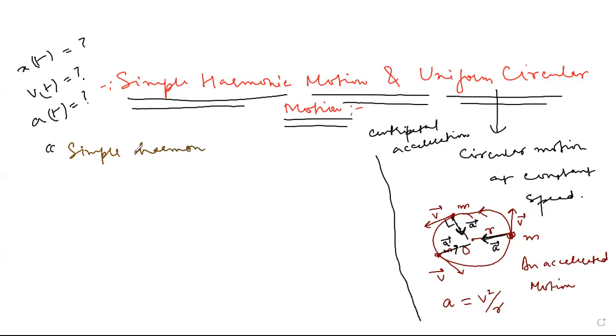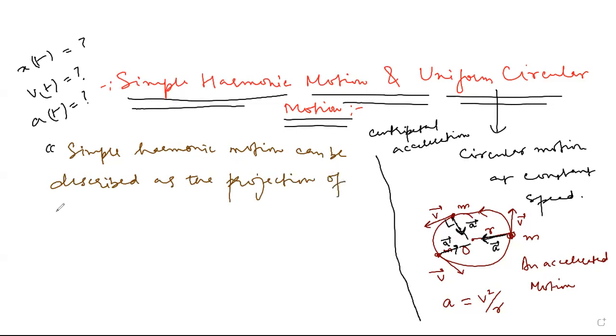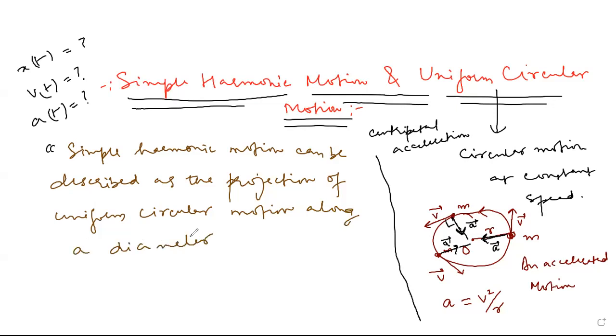Simple harmonic motion can be described as the projection of a uniform circular motion along a diameter of the circle.